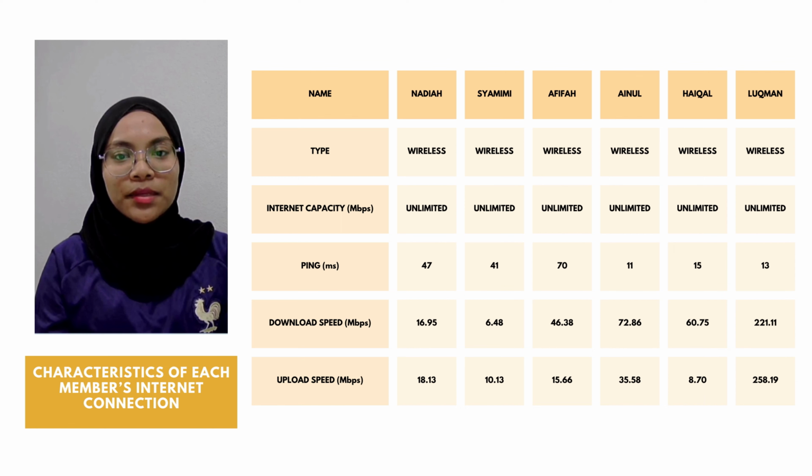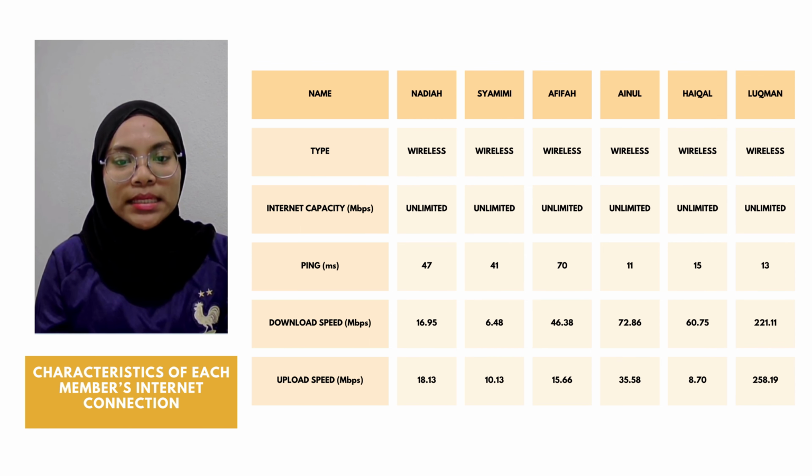Next, download speed refers to how quickly you can get data from the server to your computer. Megabits per second or Mbps is the unit of measurement for download speed. The table shows that Luqman has the highest download rate among other members at a speed of 221.11 Mbps and Shamimi has the lowest total download rate, which is 6.48 Mbps only.